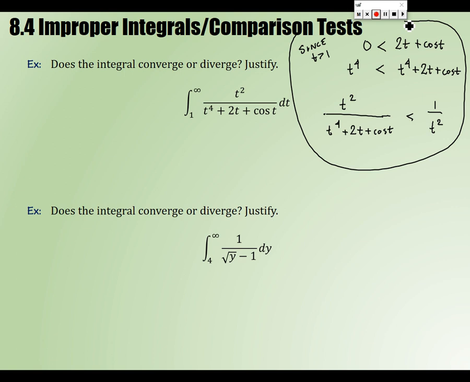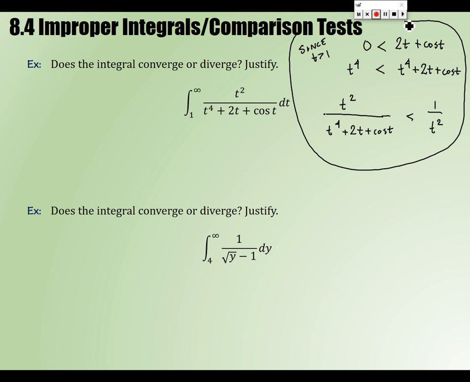You could say that this is t squared over t to the 4th. Well, this denominator is always bigger than t to the 4th, using kind of Laura's argument from before. Are we at least convinced ourselves back and forth here? Are we feeling good about that?